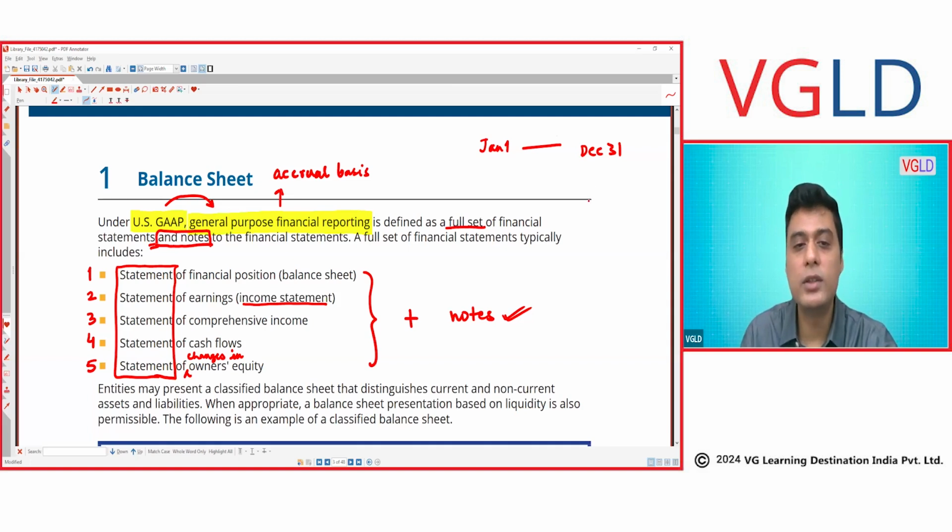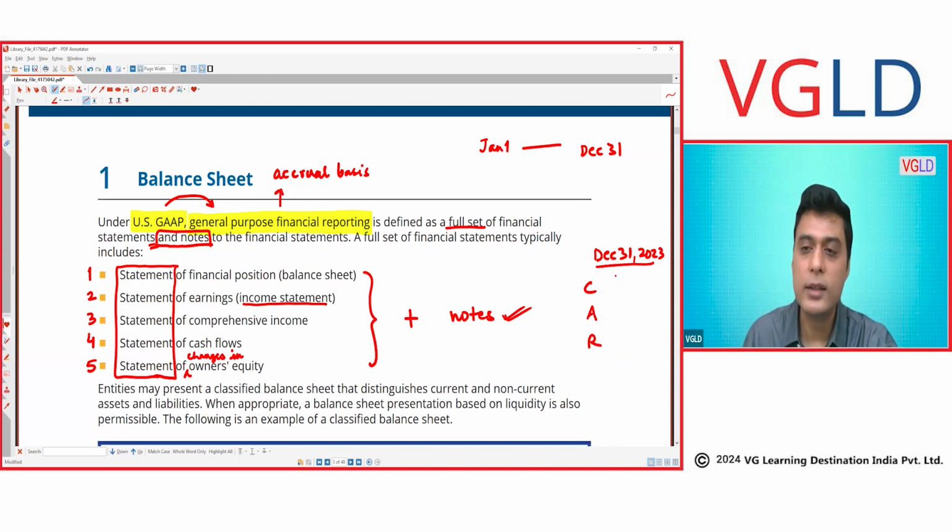So if I give you the statement of owner's equity, that means I am telling you that on December 31, let's say 2023, this was my owner's equity. I had this much of common stock, this much of APIC, and this much of retained earnings. This will be called the statement of owner's equity.